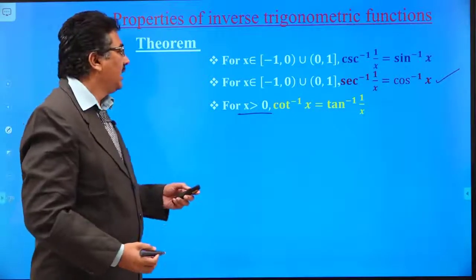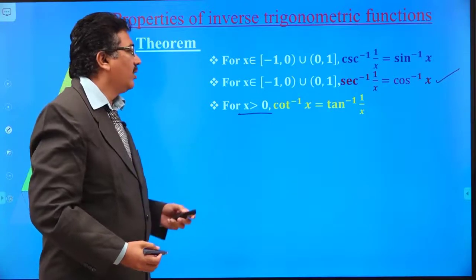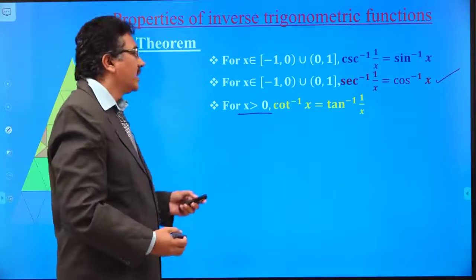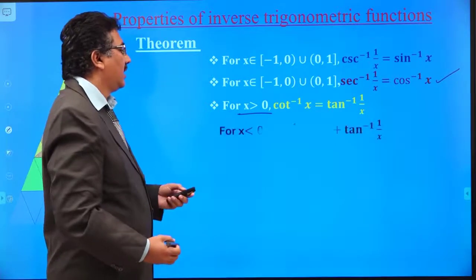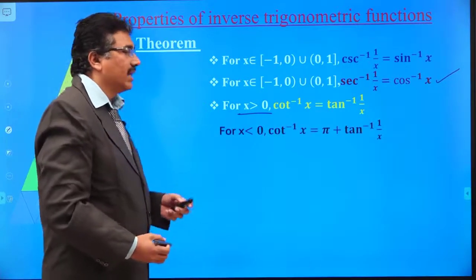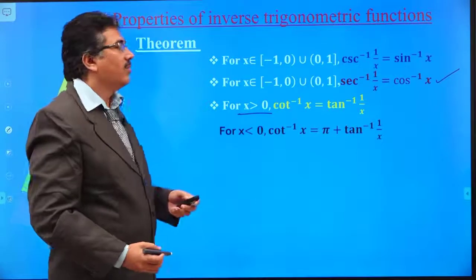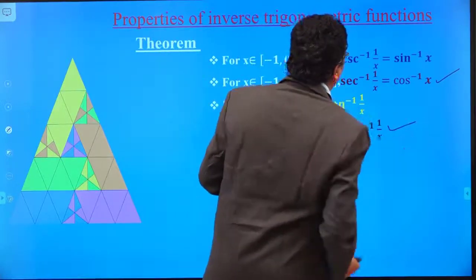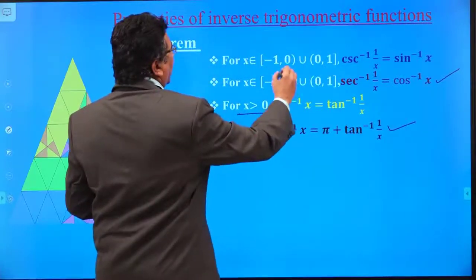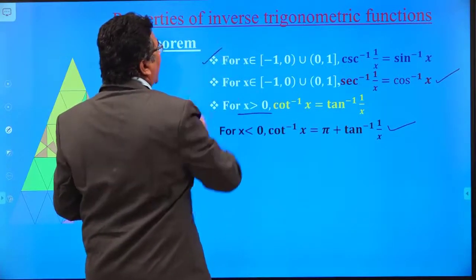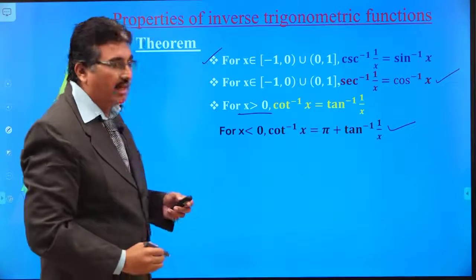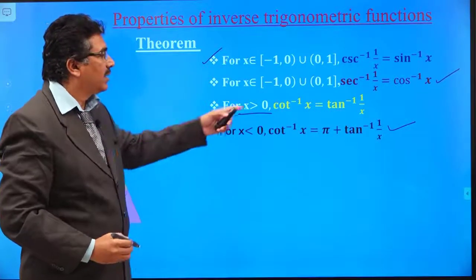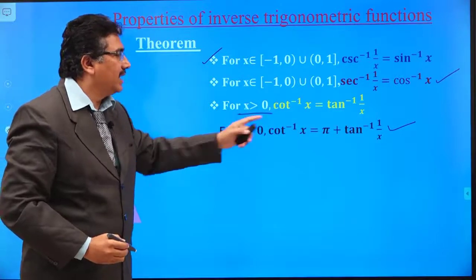If x is less than 0, what is the value of cot inverse x in terms of tan inverse? Cot inverse x is equal to pi plus tan inverse 1 by x. This is true for all x belonging to the closed interval minus 1 comma 1, but here there are two cases.